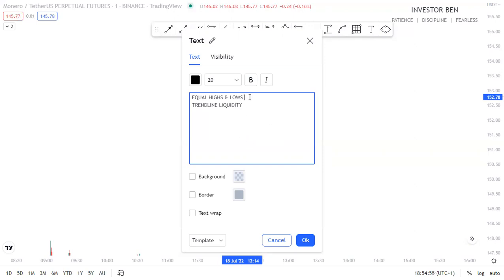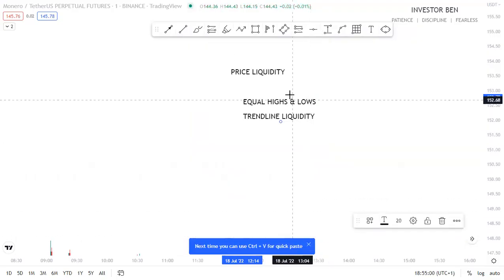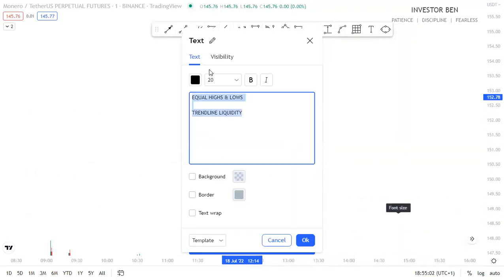So these are the two I'll be taking here: equal highs and lows liquidity and trend line liquidity. Right, with that being said, let's get started.